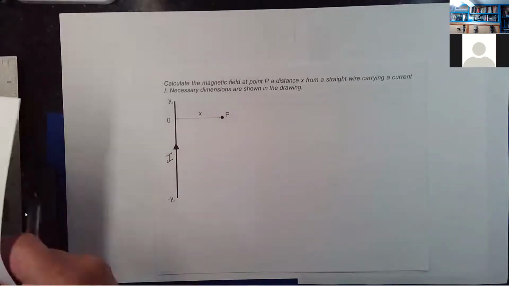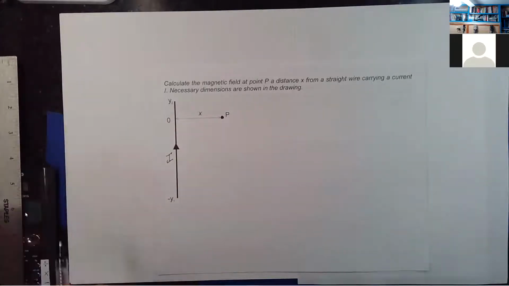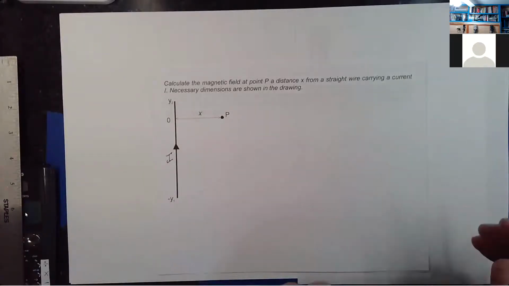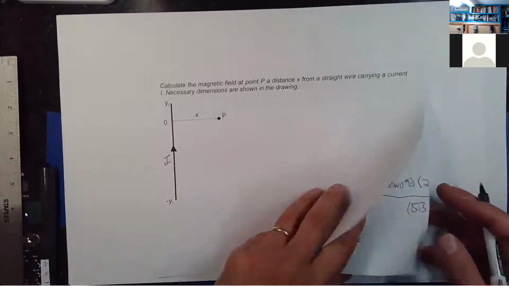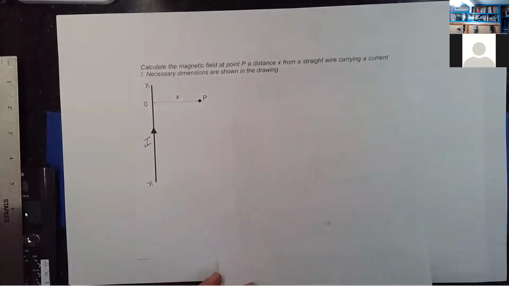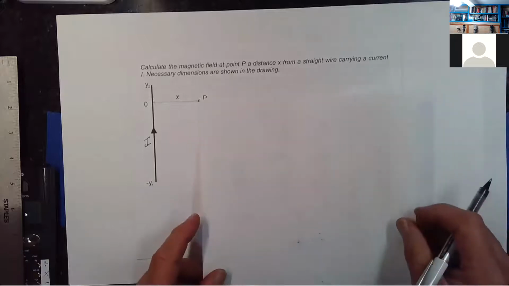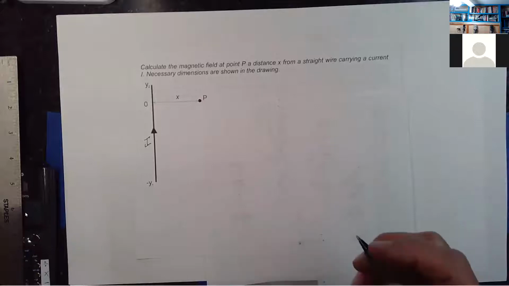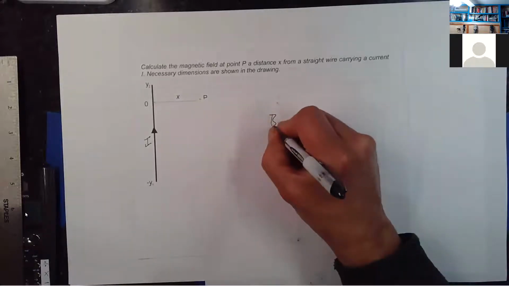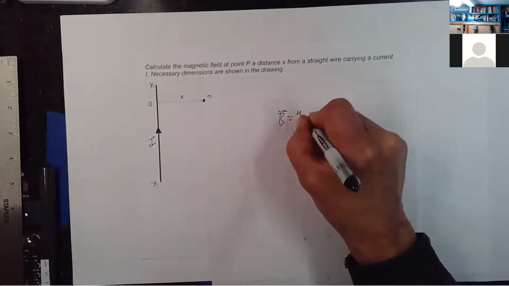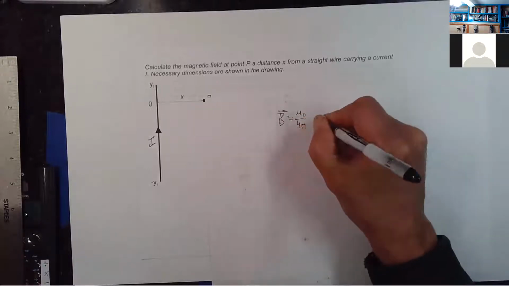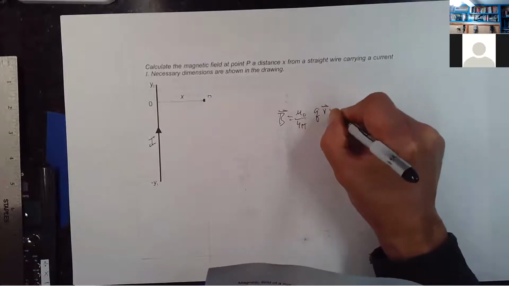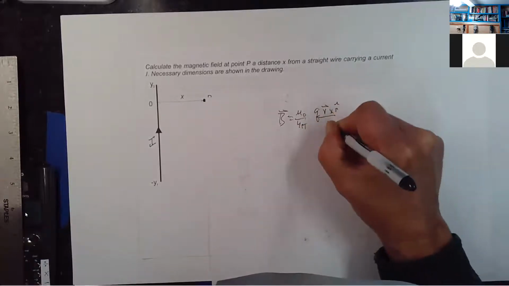This is extending the idea of just a point charge's magnetic field, and the magnetic field of a point charge is B equals mu naught over 4 pi times q v cross r hat over r squared.